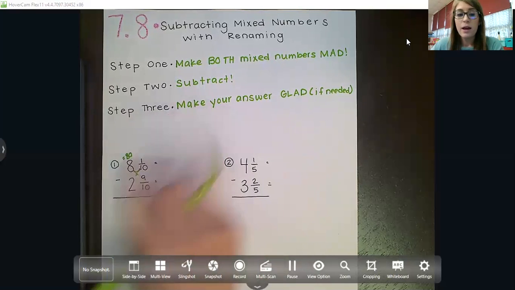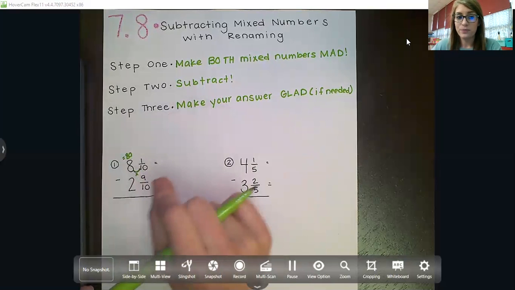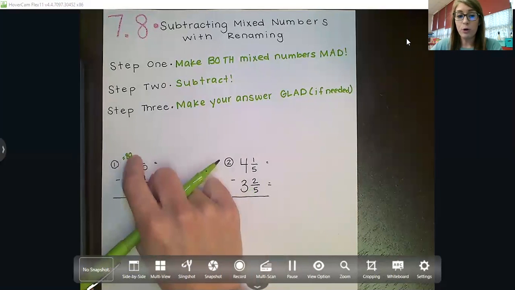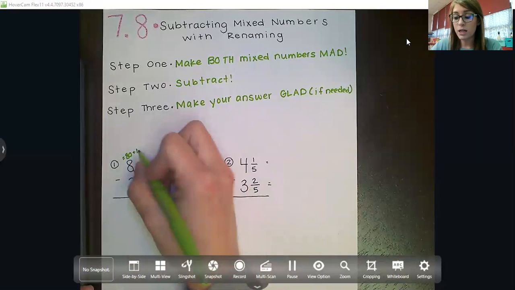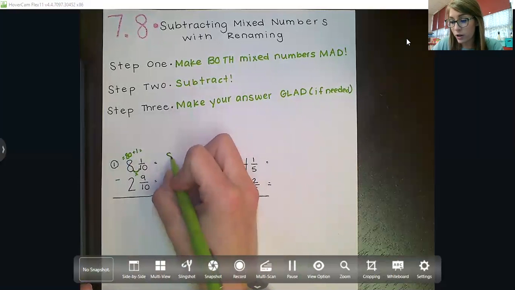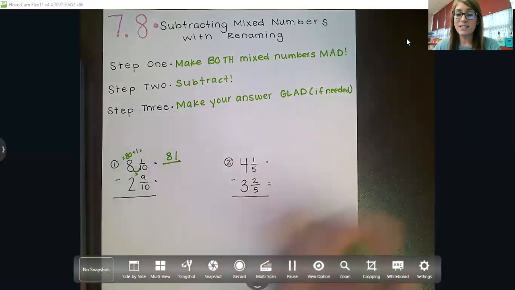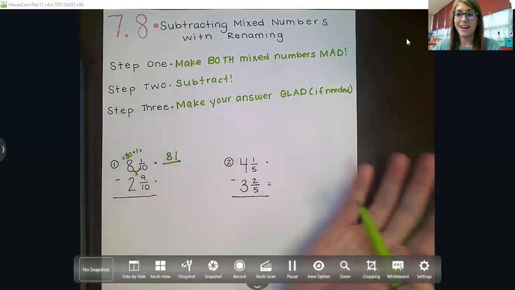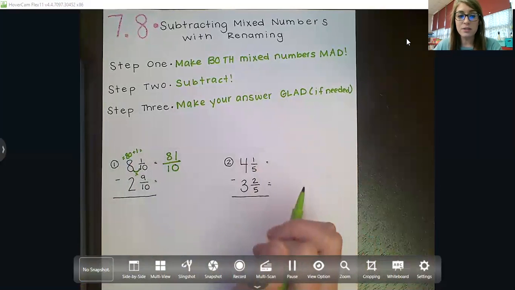Then we're going to add the product that we just got and our current numerator. So 80 plus 1 equals 81. That is going to be our new numerator, and the denominator stays the same. So we've got 81 tenths.